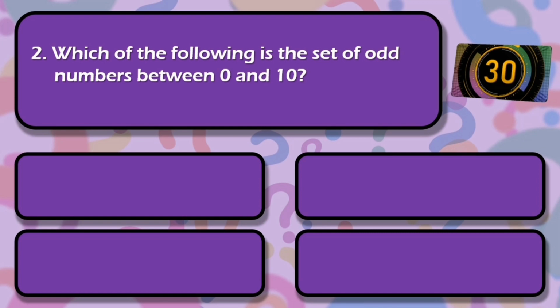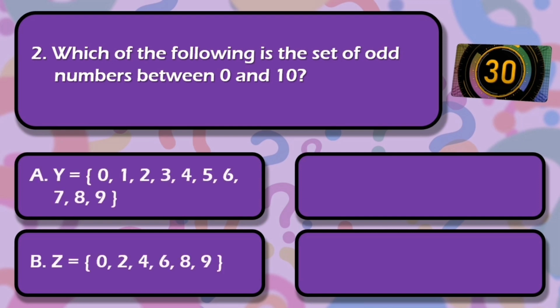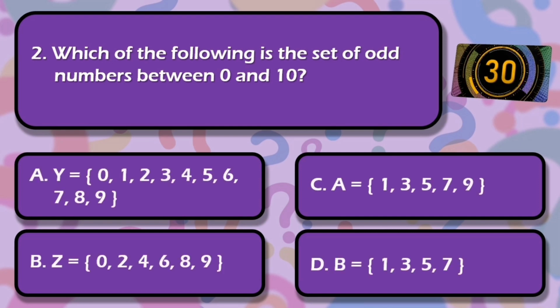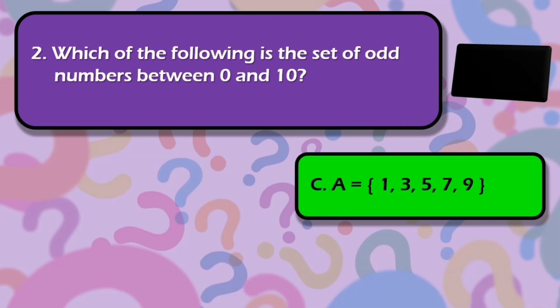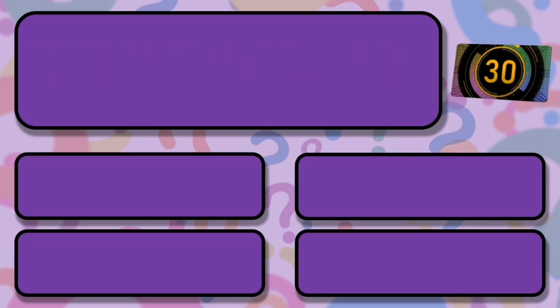Number 2. Which of the following is the set of odd numbers between 0 and 10? Correct answer is letter C. Number 3.